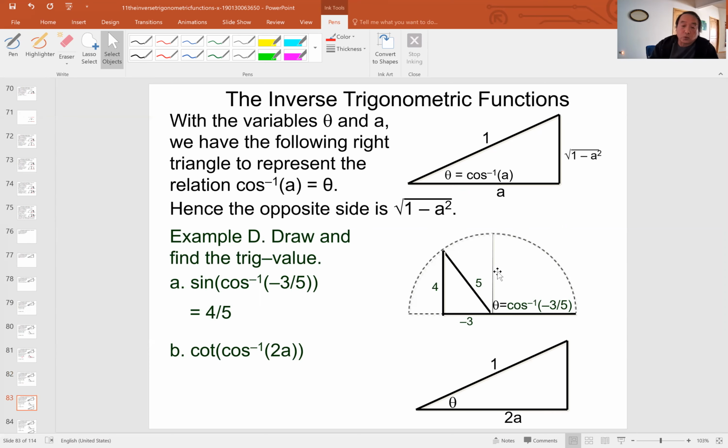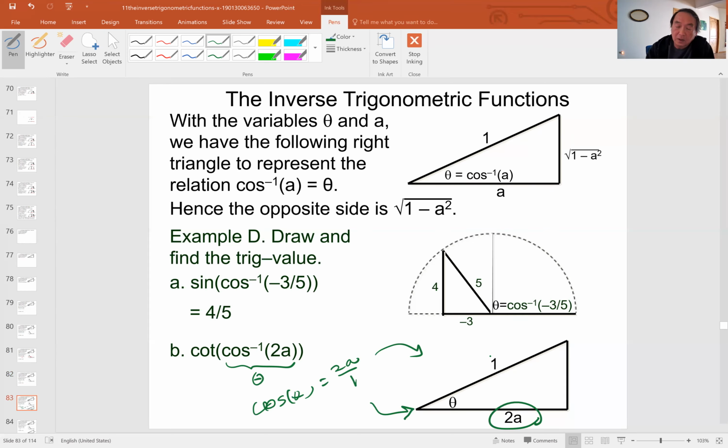And I can use this to handle abstract angle formulas. Suppose we want the cotangent of cosine inverse of 2a. Again, I represent this by an angle theta, so cosine of theta must be 2a over 1. Then I can draw this triangle, adjacent over hypotenuse: put 2a for the adjacent and 1 for the hypotenuse.